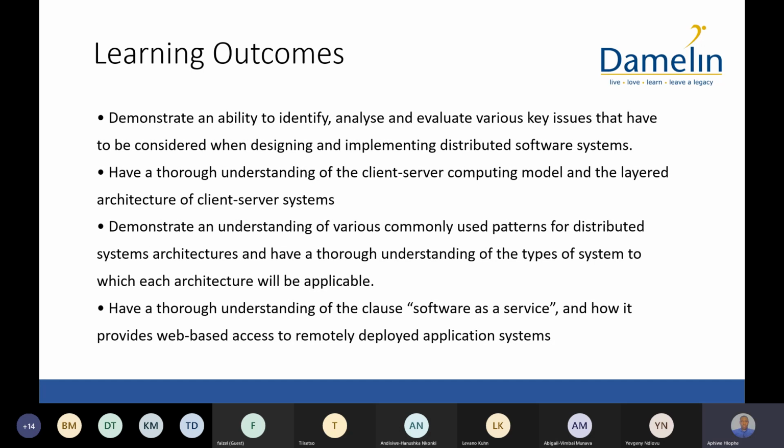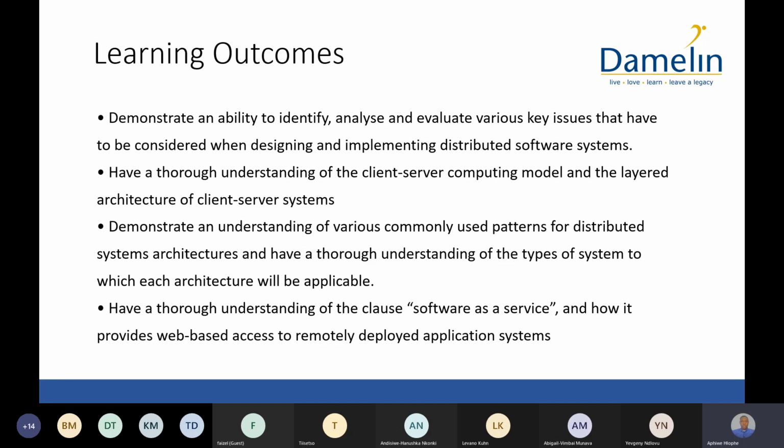So we'll be covering the following learning outcomes: demonstrate an ability to identify, analyze, and evaluate various key issues that have to be considered when designing and implementing distributed software systems, have a thorough understanding of the client-side computing model and the layered architecture of client server systems, demonstrate an understanding of various commonly used patterns for distributed systems architectures, and have a thorough understanding of the types of system to which each architecture will be applied or applicable.